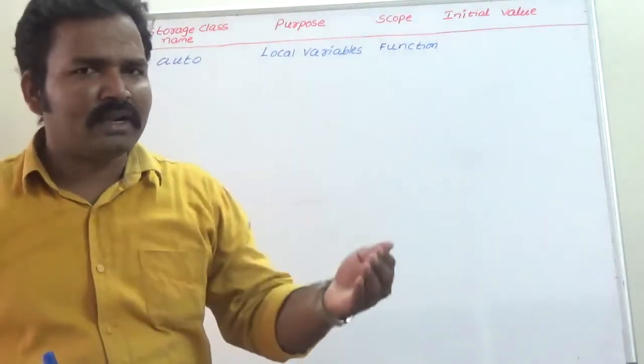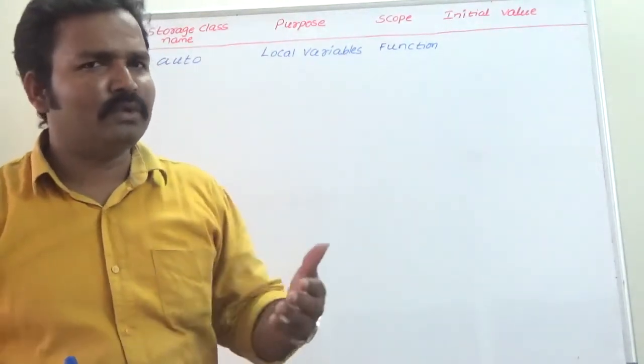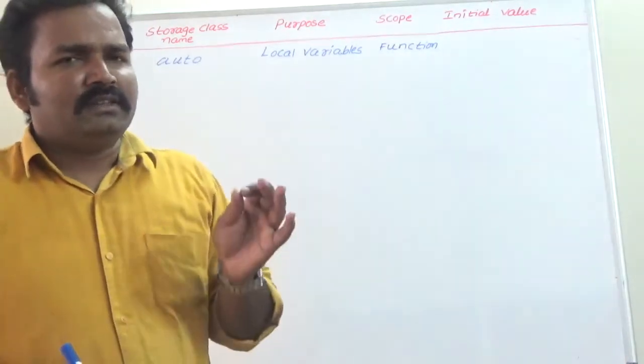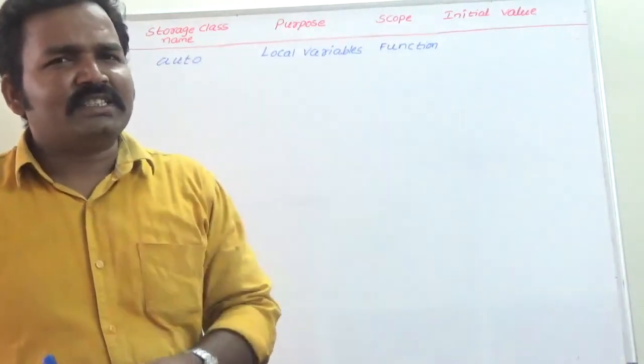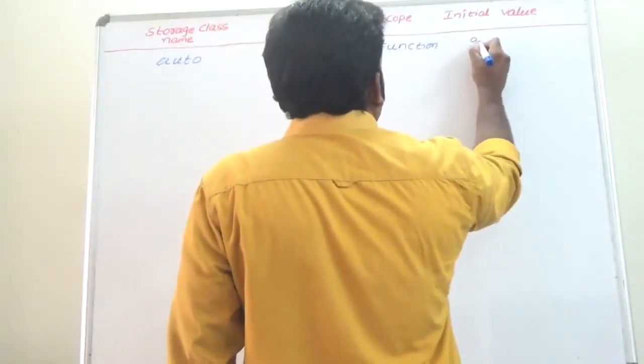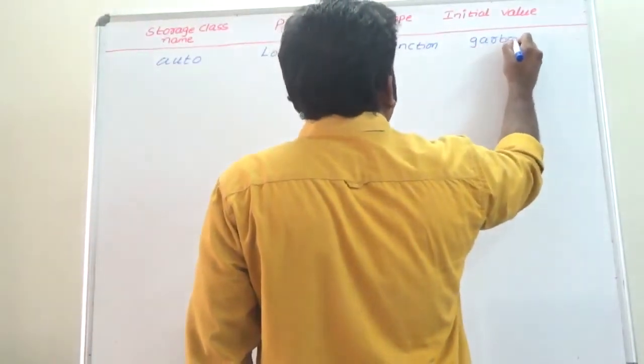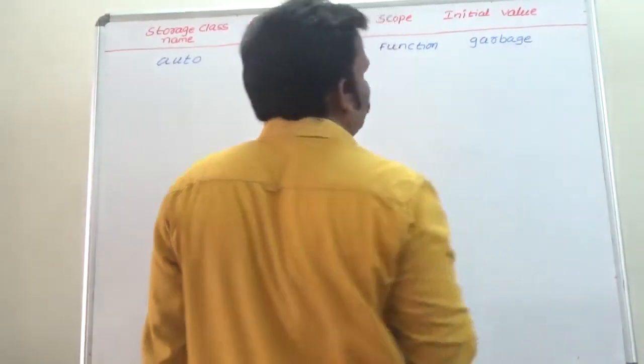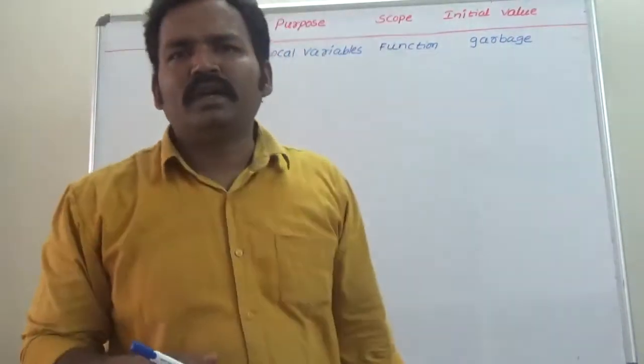So here the initial value is garbage value. Garbage value means unknown value.